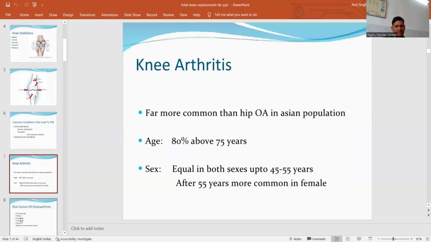Knee osteoarthritis is more common than hip osteoarthritis in the Asian population. Age: 80% above 70 or 75. Sex is equal in both sexes up to 45 to 55 years. After 55, it is more common in females.